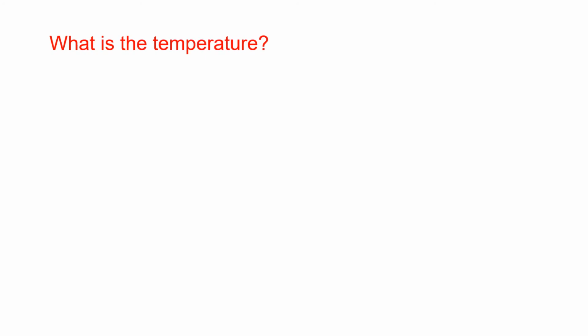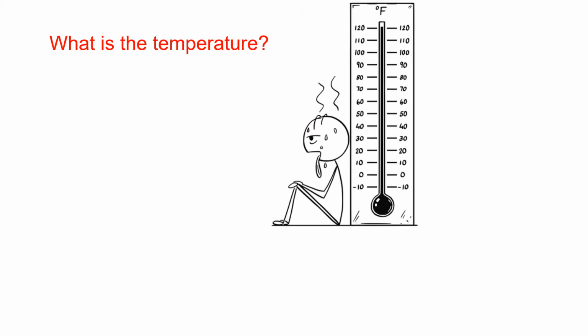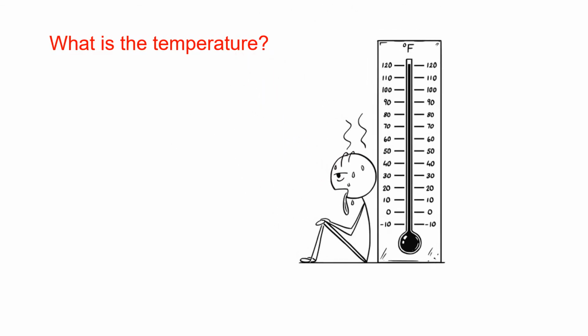Now, let's continue with the next question. The next question is, what is the temperature? Now, look at this. Now, this is the opposite. It's hot, right? Look at him. It's really hot. It seems that he is in Brazil or maybe Venezuela or Colombia.